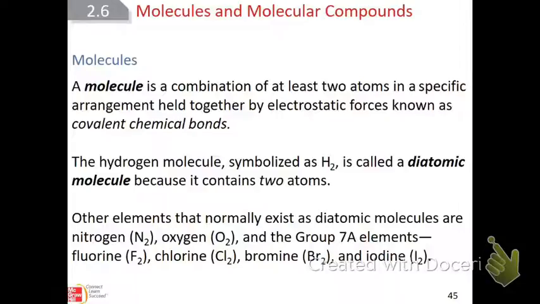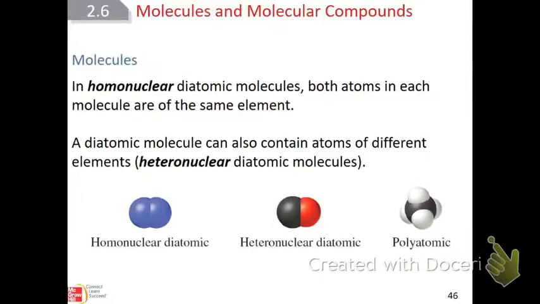I personally had never heard them called this before this particular textbook, but Dr. Burdge, who wrote this textbook, calls these homonuclear diatomics, because the atoms are the same, like hydrogen H2, oxygen O2.